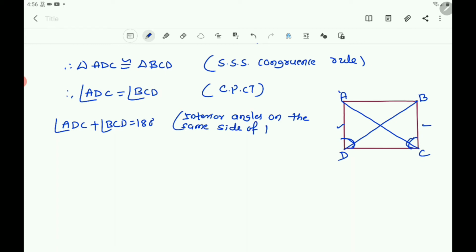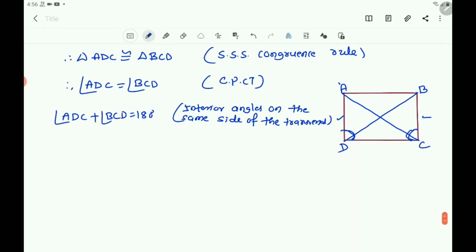And also you can take one of the properties of the parallelogram. Consecutive angles are supplementary. Now here you got that the sum of the angles ADC and BCD is equal to 180 degrees and they are equal.